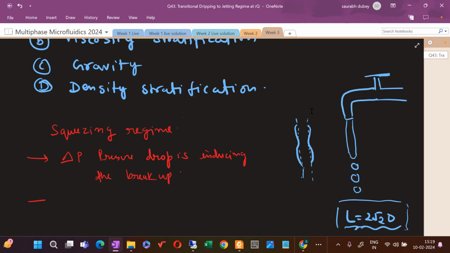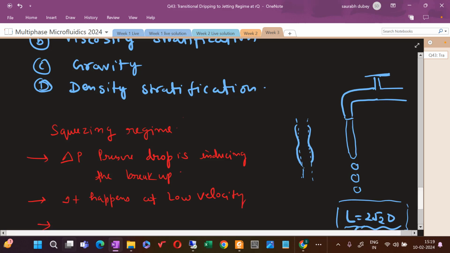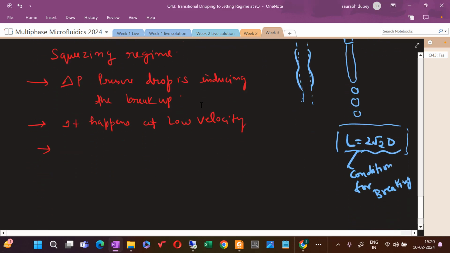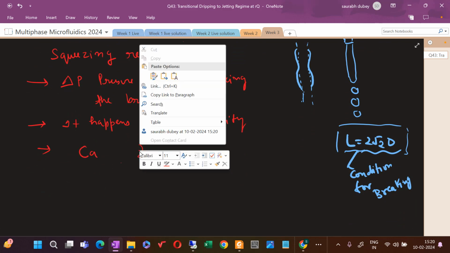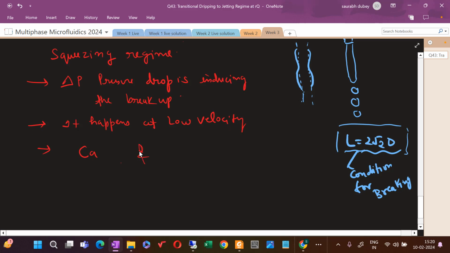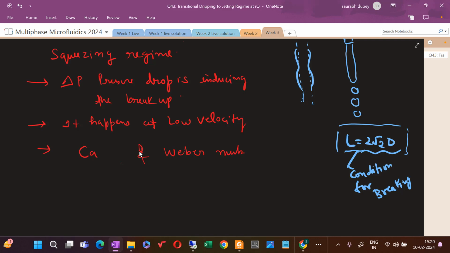Another point is that it happens at low velocity. And the third is that the capillary and the Weber number should be small.